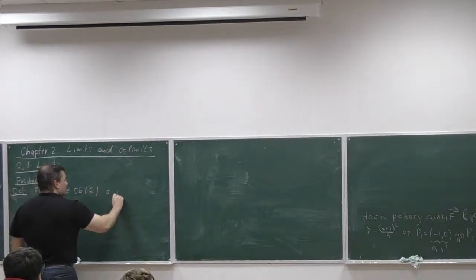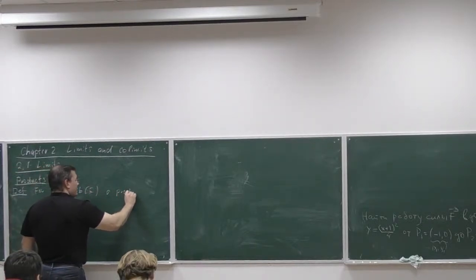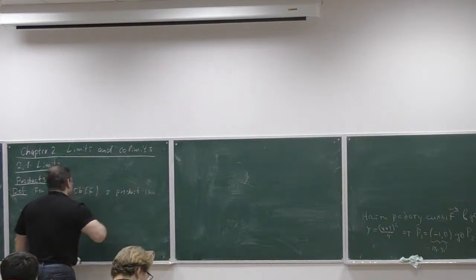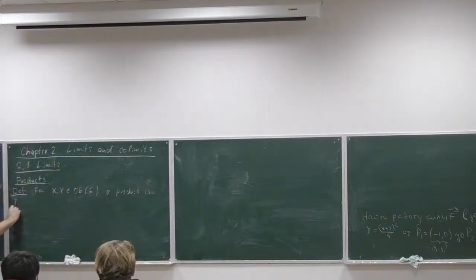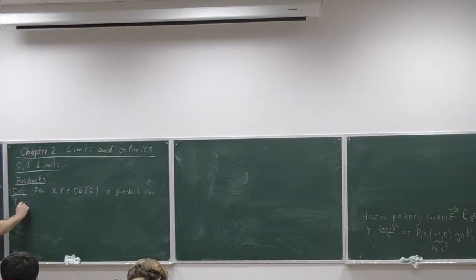A product is a triple. The first is an object in the category, or just the product of x and y, and then we have two projections. Let me call these P1 and P2.